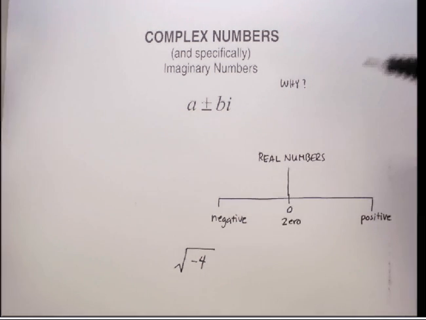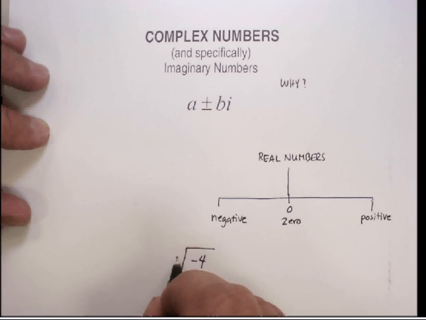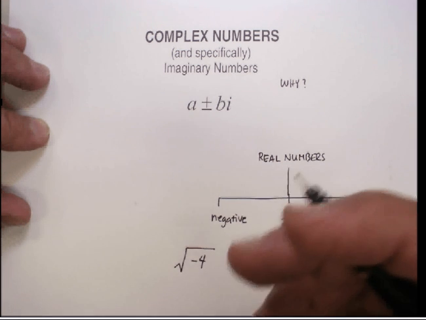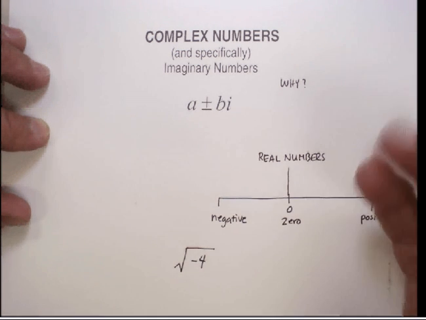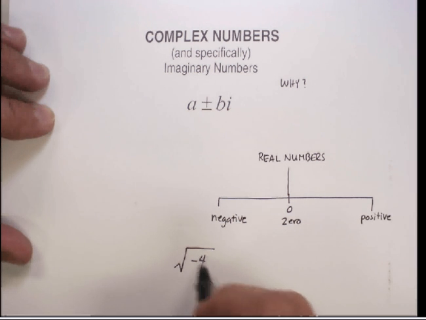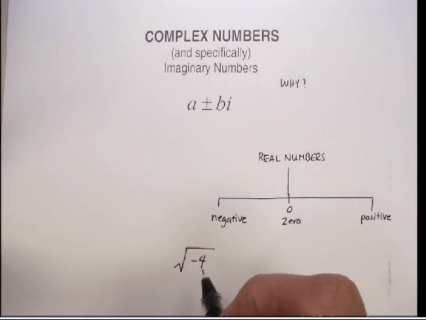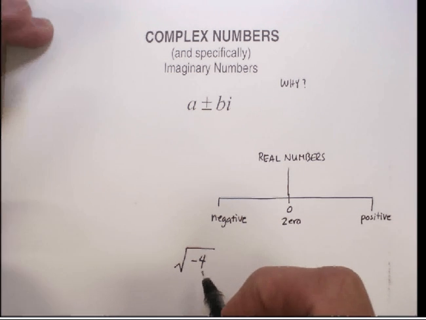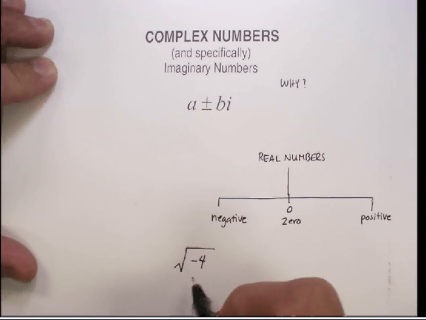Square roots mean that something times itself will give you the number. But we know that if we took 2 times 2, for example, a real number, you would get +4, so that's not the square root. What if we took -2 times -2? Well, that's going to become a +4 again, and again we don't get the square root of a -4.